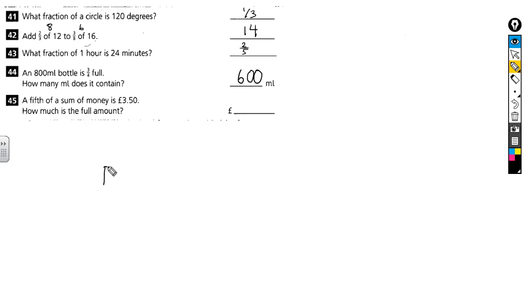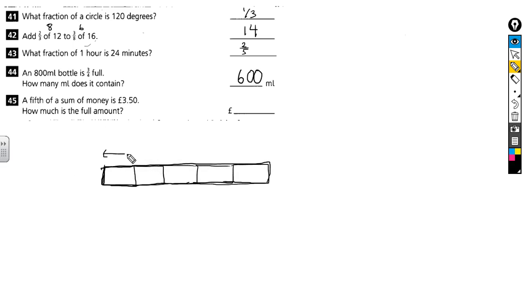Well, let's say that's 1, 2, 3, 4, 5. Imagine that this whole bar here represents the whole amount, the full amount.